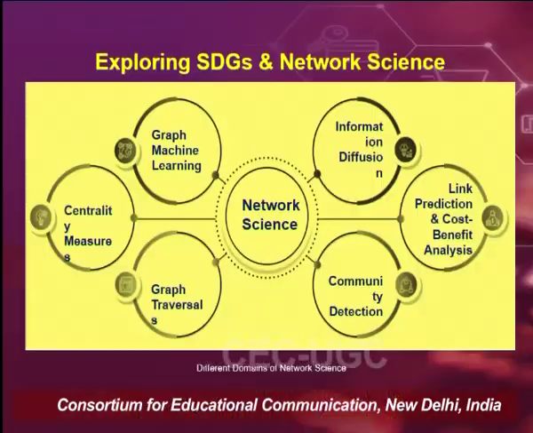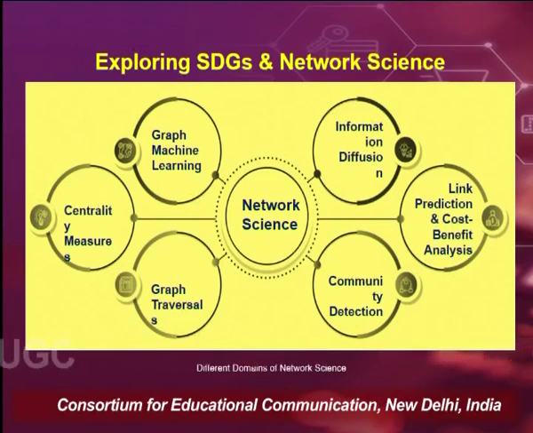Now we have seen the 17 SDGs. Now let's see network science from the methodology part. So network science can be the information diffusion methods, that is how the information is spreading in the online communities. So different types of diffusion models are available, the epidemic models, the cascade models, okay, and many more.